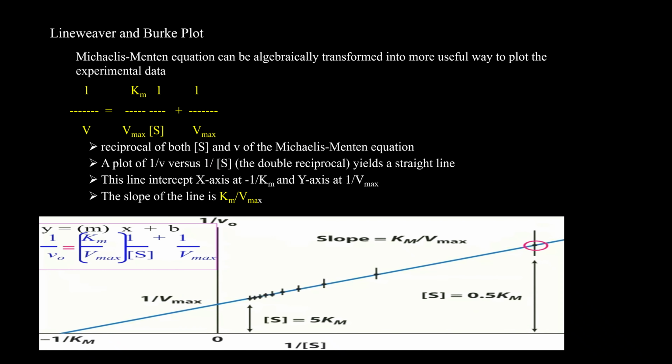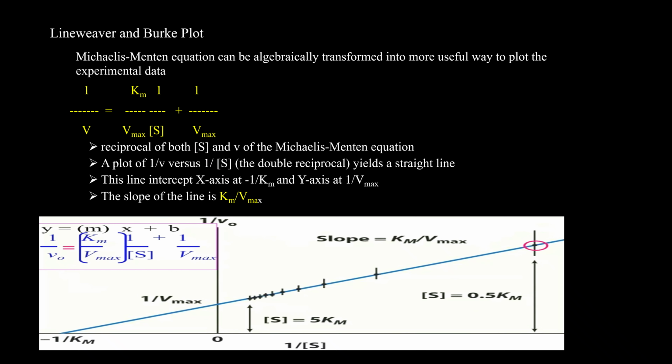Lineweaver-Burk plot. The Michaelis-Menten equation can be algebraically transformed into a more useful way to plot experimental data. Take the reciprocal of both sides of the Michaelis-Menten equation. The plot of 1/V versus 1/[S], a double reciprocal, yields a straight line.